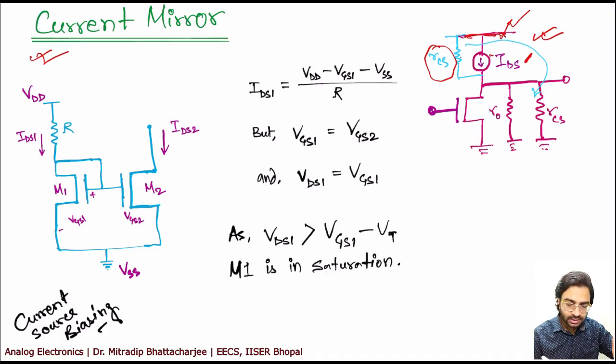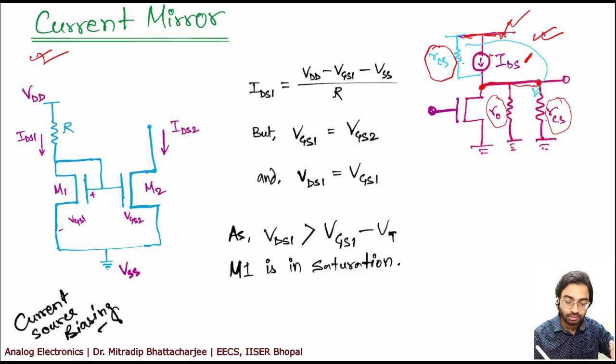So where is this resistance connected then? Between this terminal and ground. So we can put this resistance over here. Just to keep things simple, I have shifted the resistance over here. Now it is very clear that this resistance is in parallel with R0, that is output resistance.